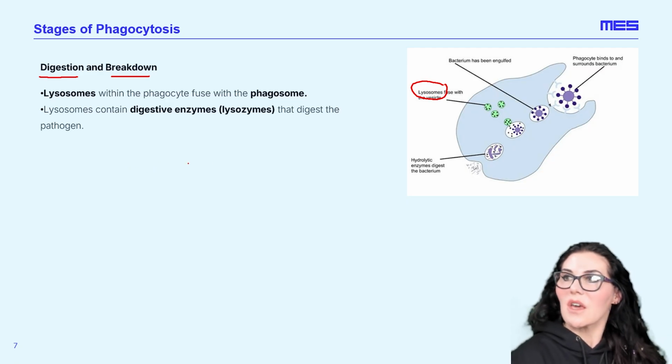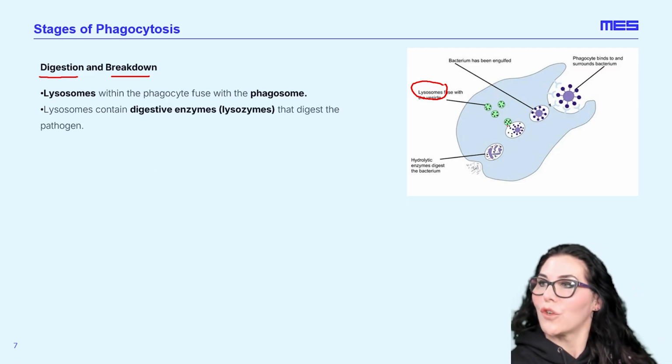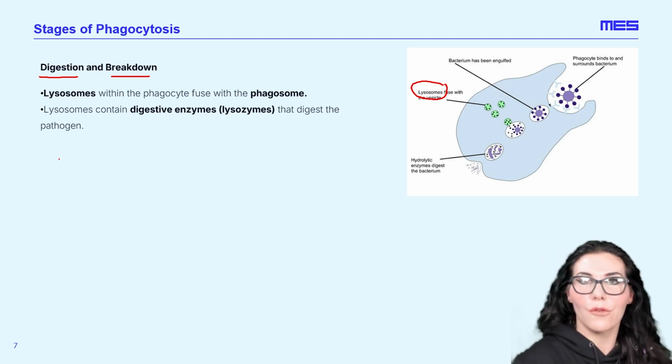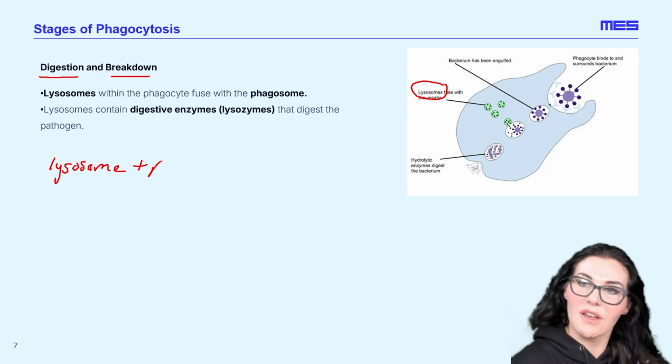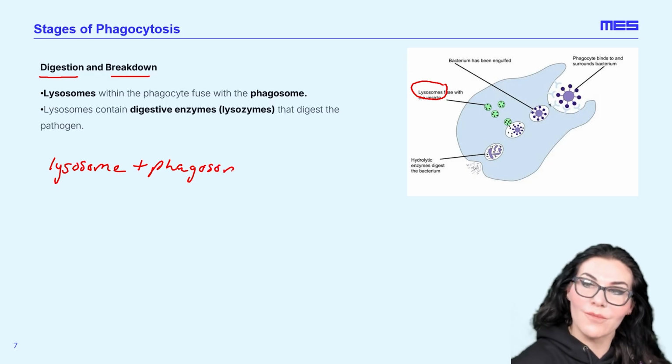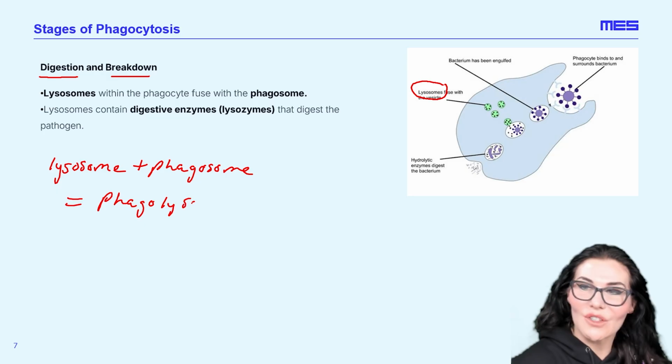Now, once the lysosomes fuse with the phagosome, we say that it forms a phagolysosome. Bit of a mouthful. Lysosome plus phagosome equals a phagolysosome.